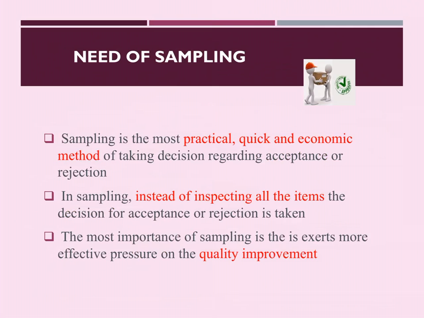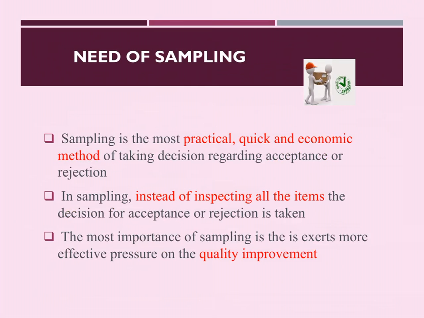Next is the need of sampling. What is the need of sampling? It is the most practical, quick and economic method for taking the decision of acceptance or rejection. Instead of inspecting all items, we are taking just a sample of pieces and then we will inspect that, so it requires less time.